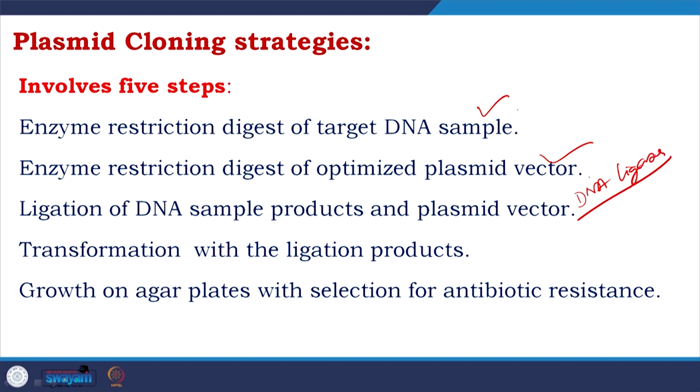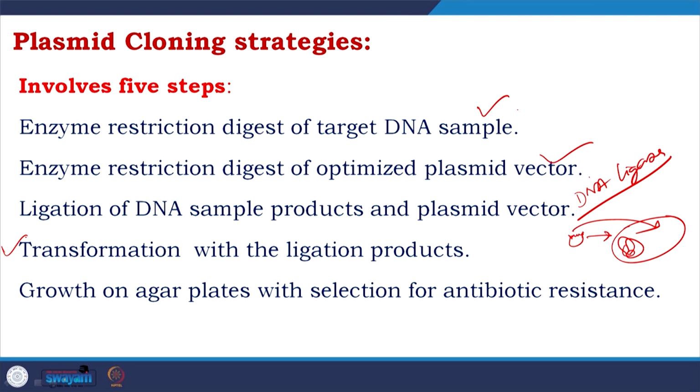Transformation with the ligation product. So, now you have the DNA-containing vector, and you have to send it inside the cell of E. coli, where the E. coli genome is there. That's called transformation, and growth on agar plates with selection of antibiotic resistance.